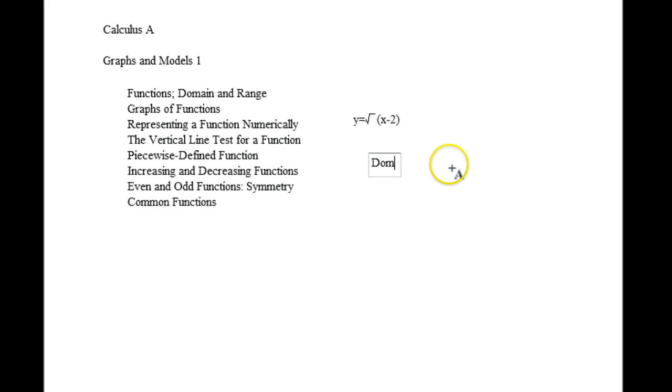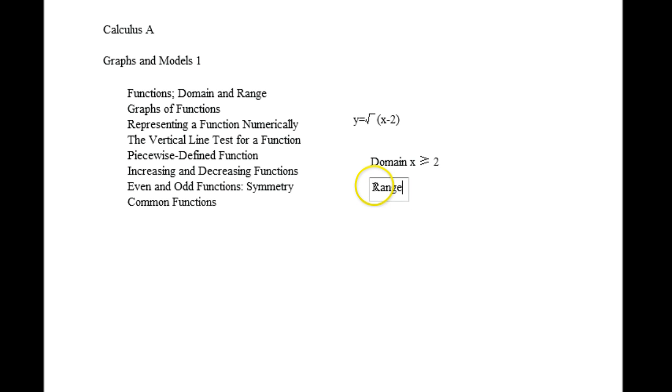Its domain is x greater than or equal to 2, so those are all the possible inputs I can use.